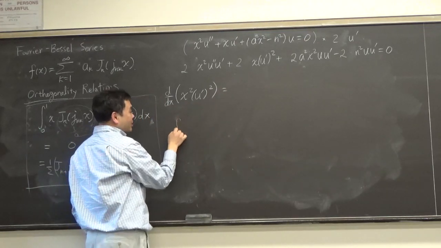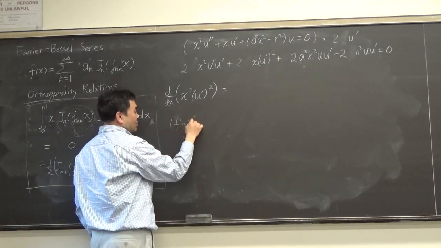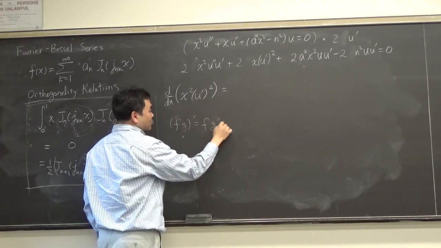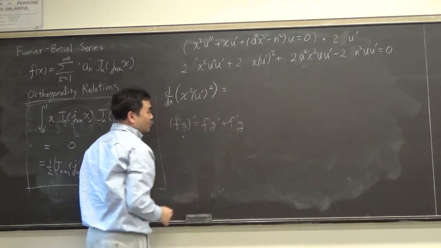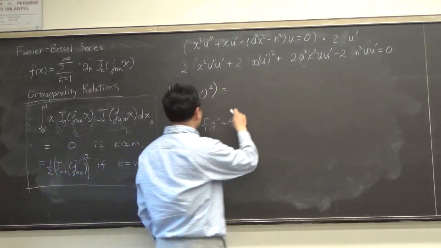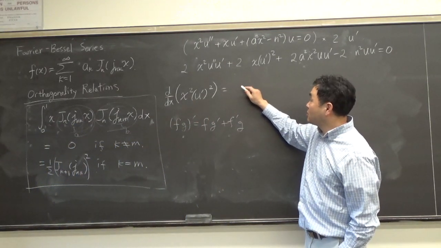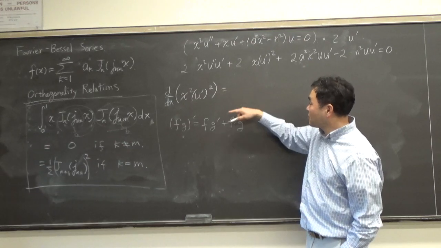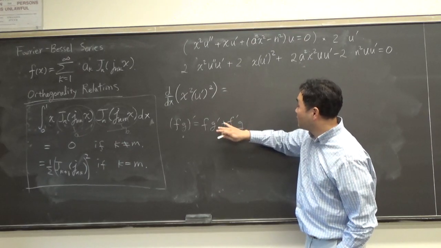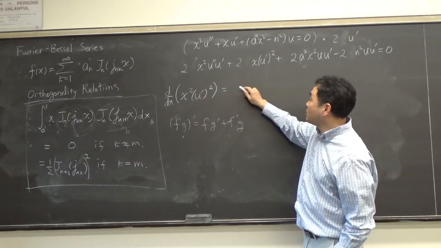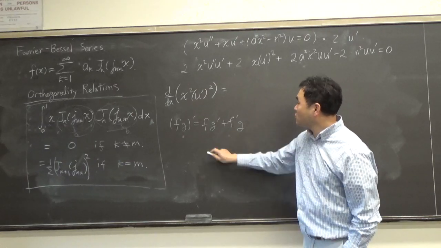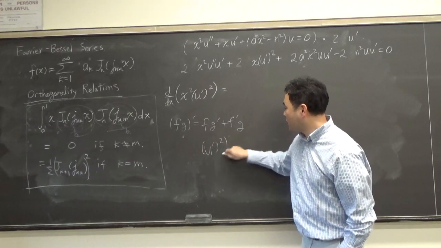So we are applying the product rule, fg prime plus f prime g. So in this format, what do I get if I do that? I get x squared. Oh, this time it's actually the other way. Oh no, it's this one. Okay, so what is u prime squared prime?